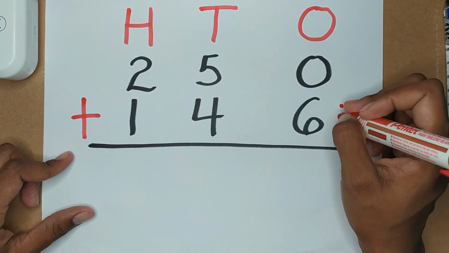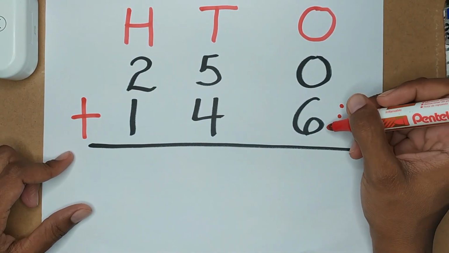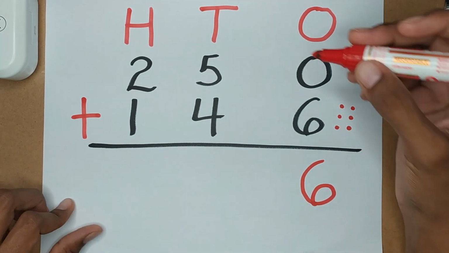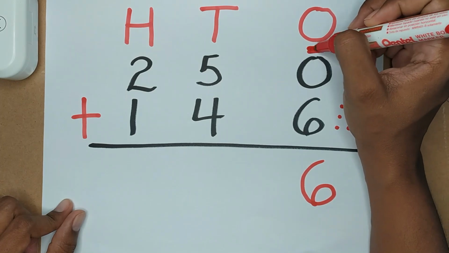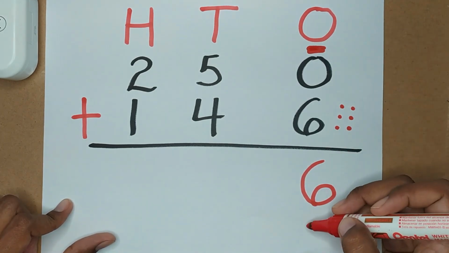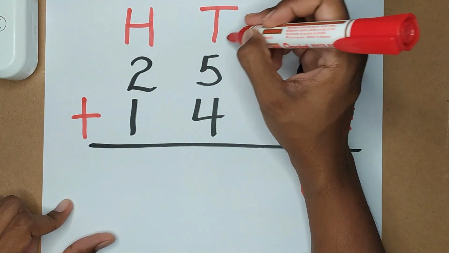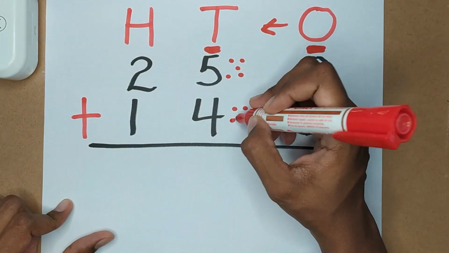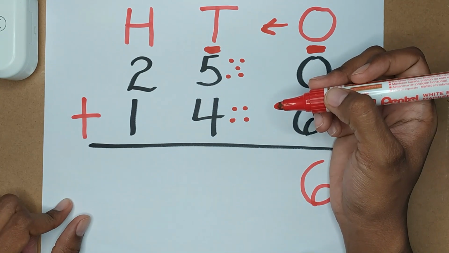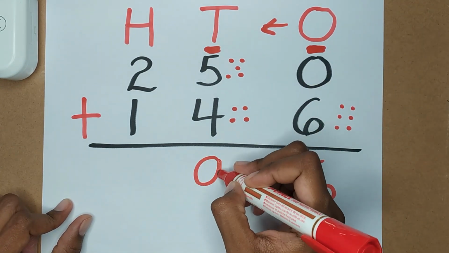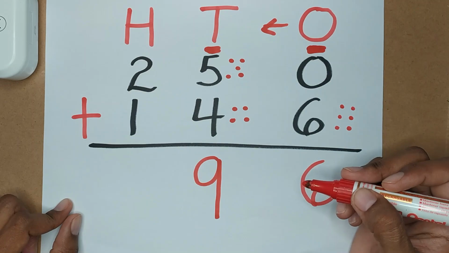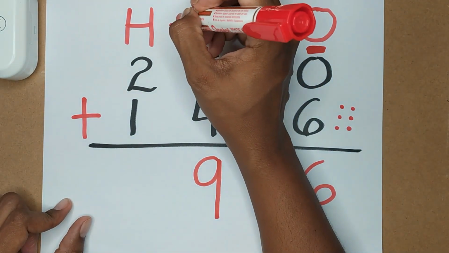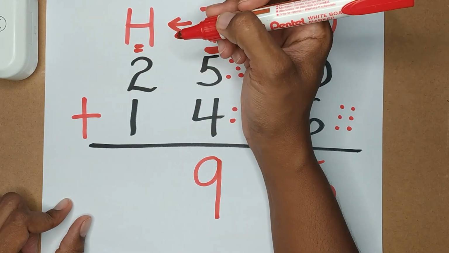We're going to our tens column. 5 add 4. 5 add 4 is 9. When these operations are complete, you head to your last column, your hundreds column, where you have 2 add 1, which gives us 3. Our answer is 396.